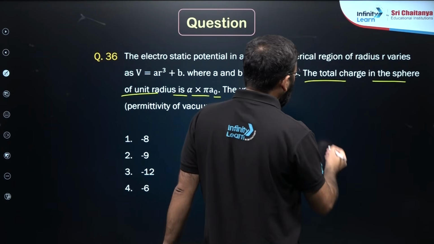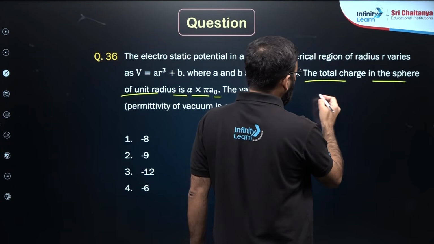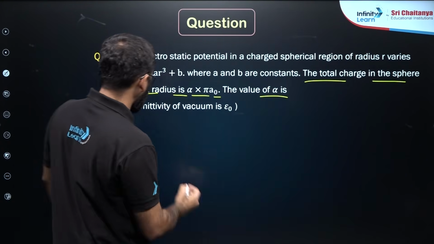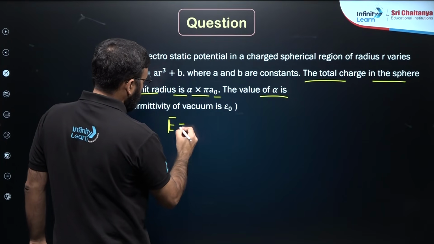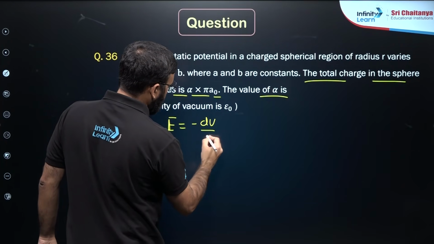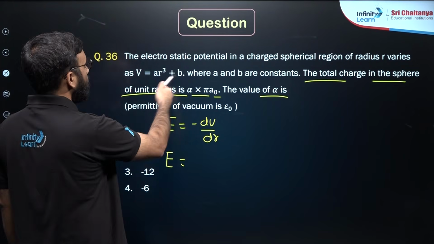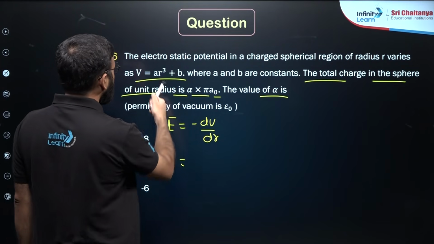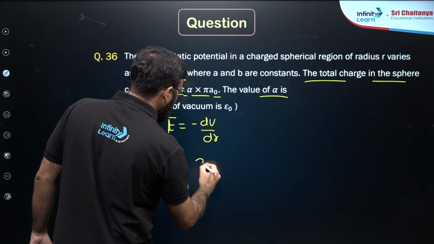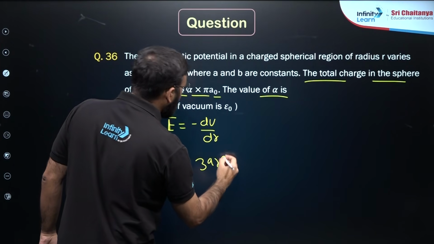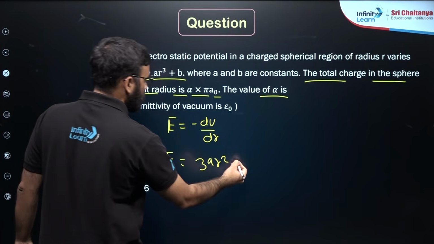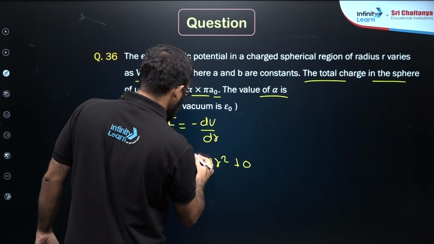So all of you now, the relation between electric field and the potential, E equals minus dV upon dr. E equals to, just you can do the differentiation of this, okay. So that is r cube, so 3 A into r square, because A and B are constants, so B is 0, so negative is also there.